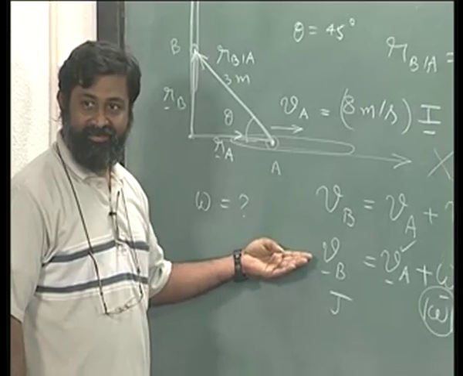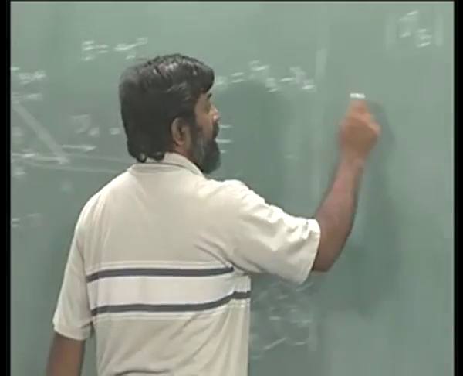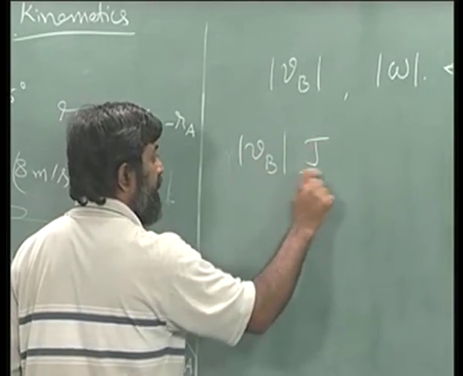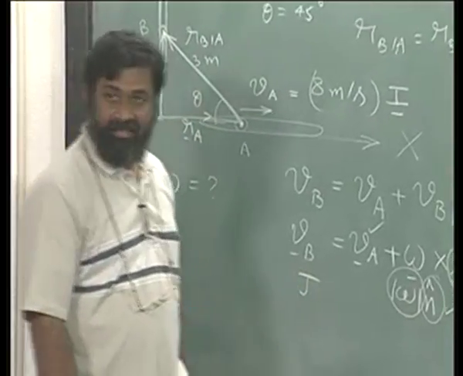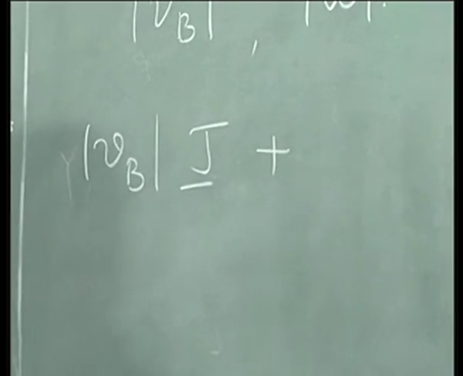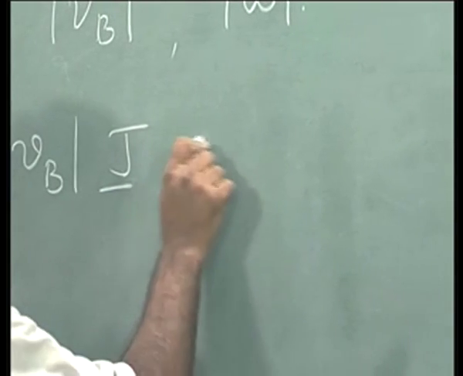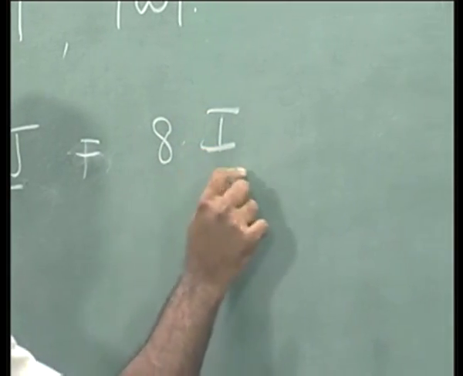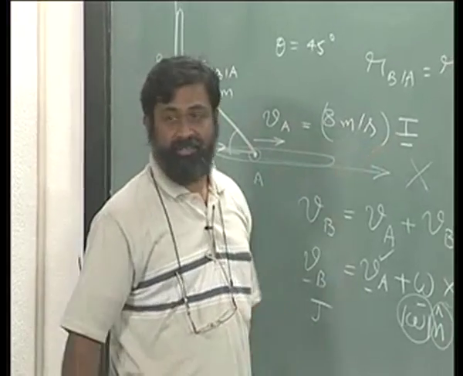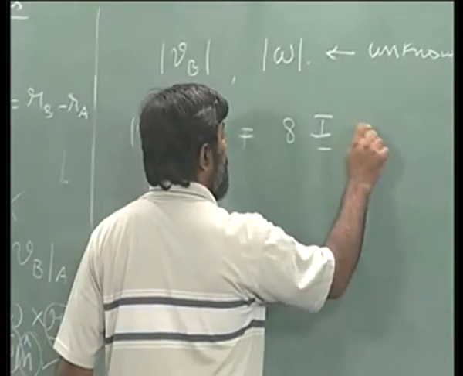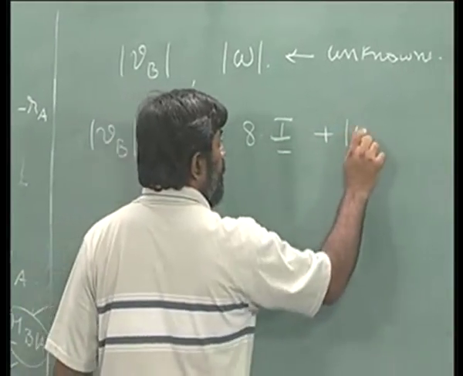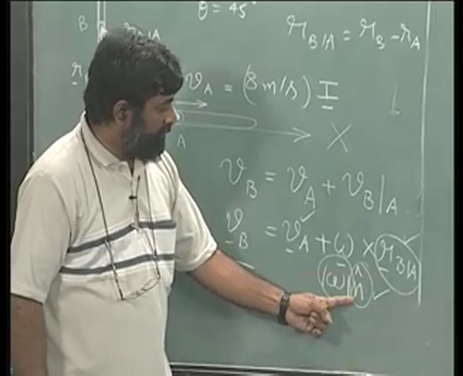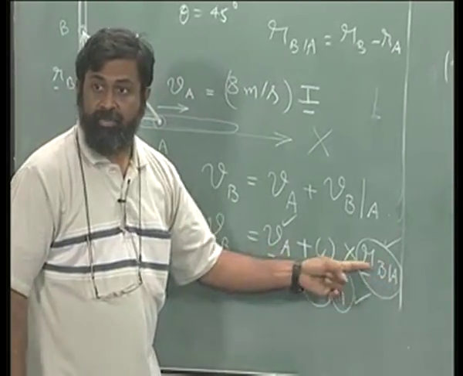If I write it completely, it is the magnitude of VB times the J vector, plus the magnitude of omega, is equal to VA, which is given by 8 I, because it is in the positive direction, plus omega times n, this is in the n direction, this is RBA.